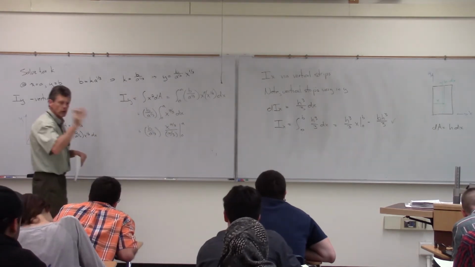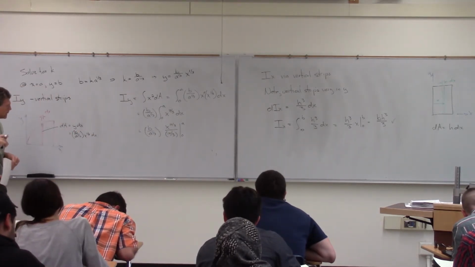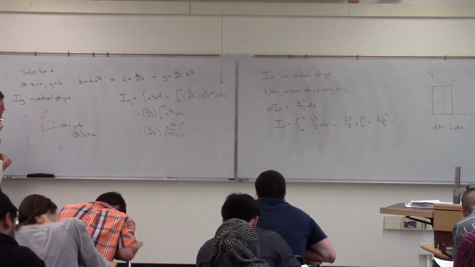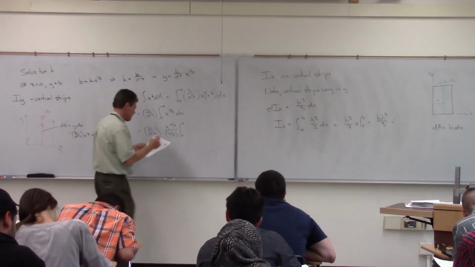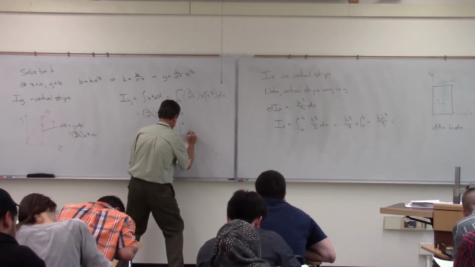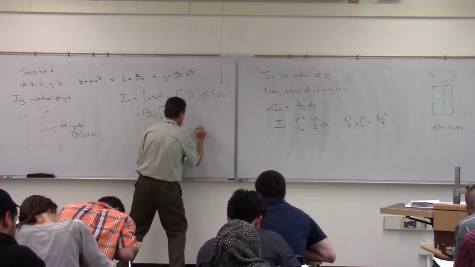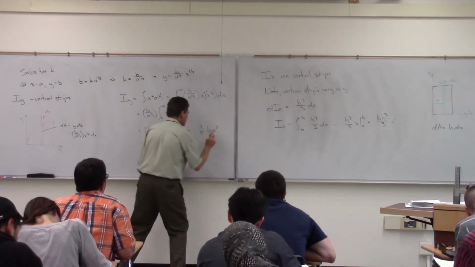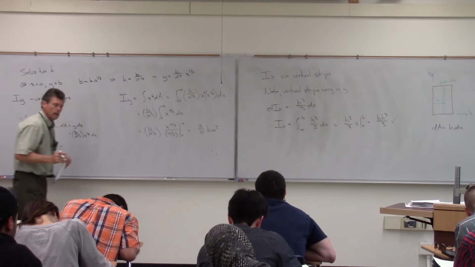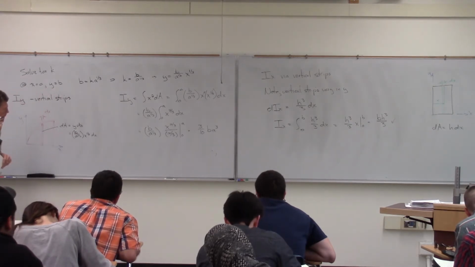So I do my integration, I raise the exponent by 1, and then divide by that new exponent, and then range it between my 0 and a there. And we get it in terms of b and a.